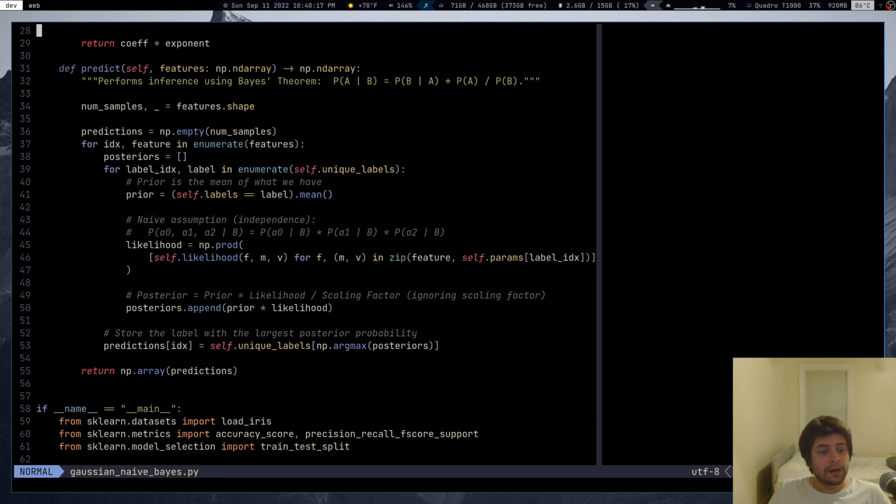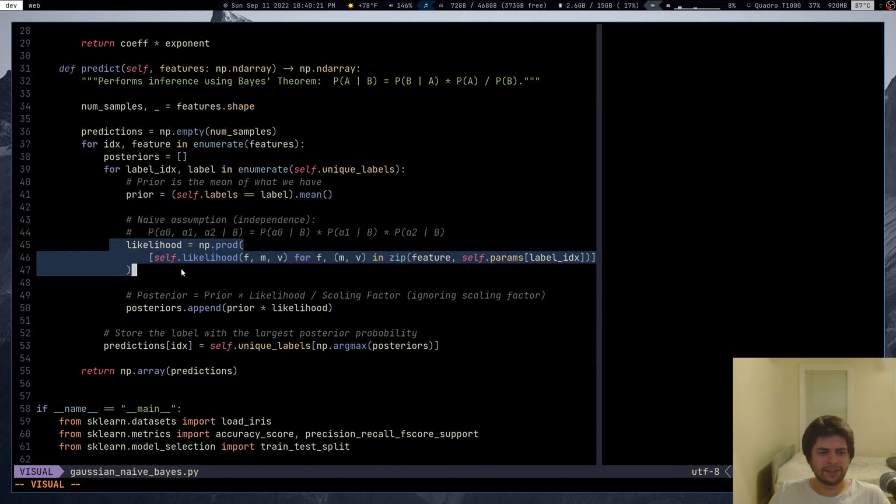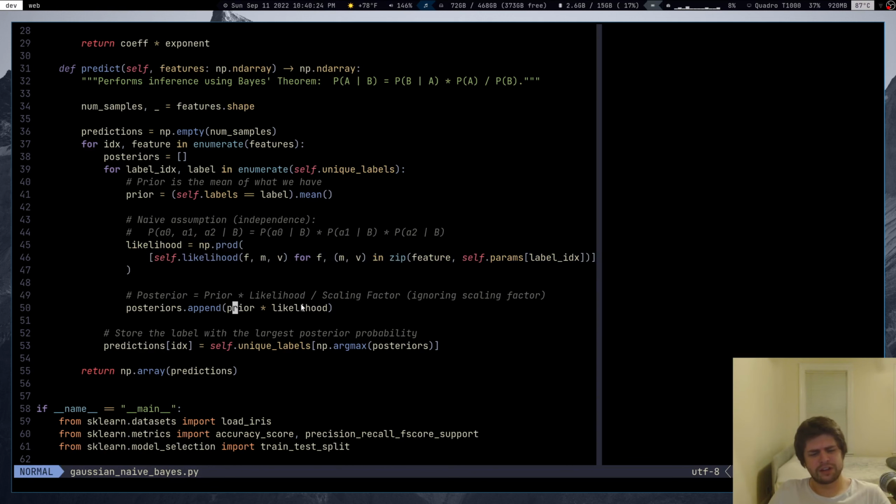And the prior, of course, is also between 0 and 1. So the likelihood is already doing very badly because it's a multiplication of many numbers from 0 to 1. But then we also multiply that by the prior, which makes it even smaller. So how can we solve this?